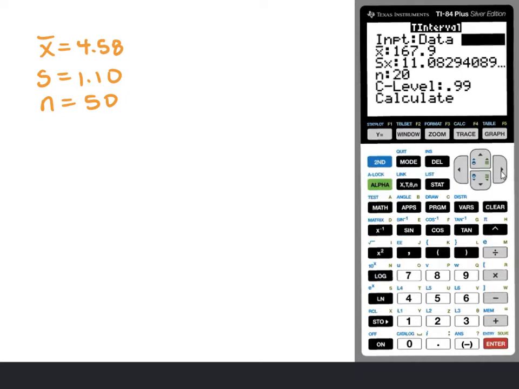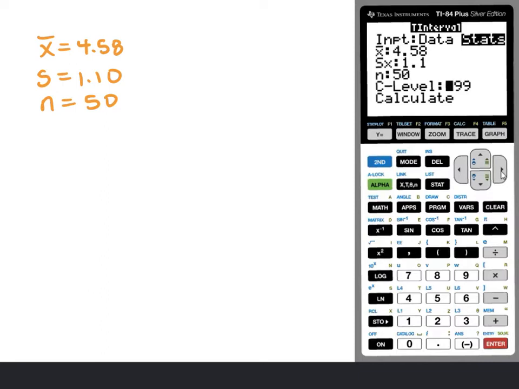So we're going to go down to our sample mean, and we're going to type in our new value, 4.58, our standard deviation, 1.10. And then, of course, our sample size has changed to 50. And we're not doing a 99% confidence interval anymore.